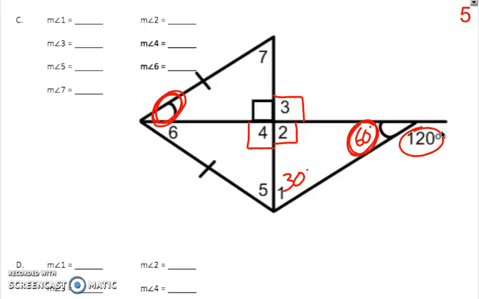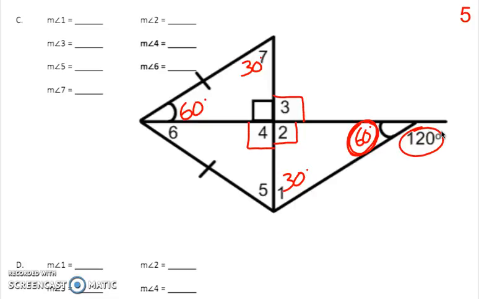So I know that they are congruent, so this will also be 60 degrees. With the upper left-hand triangle, I know there's 180 degrees in a triangle, so I'm going to subtract 90 and 60 from 180. So I know that the measure of angle 7 is going to be 30 degrees.